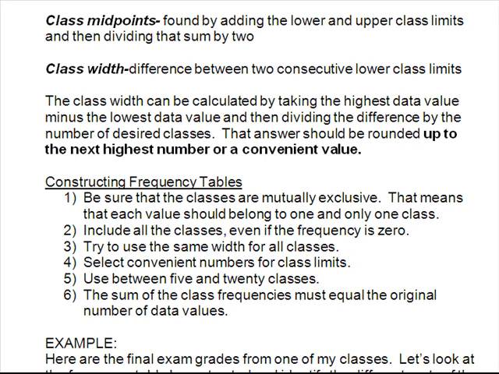You don't want less than 5 and you don't want more than 10. So when we're constructing frequency tables, we want to keep within those boundaries. Once we have decided, say we're dividing by 5 or we're dividing by 6 or whatever, then we take that answer and round up to the next highest number or a convenient value.